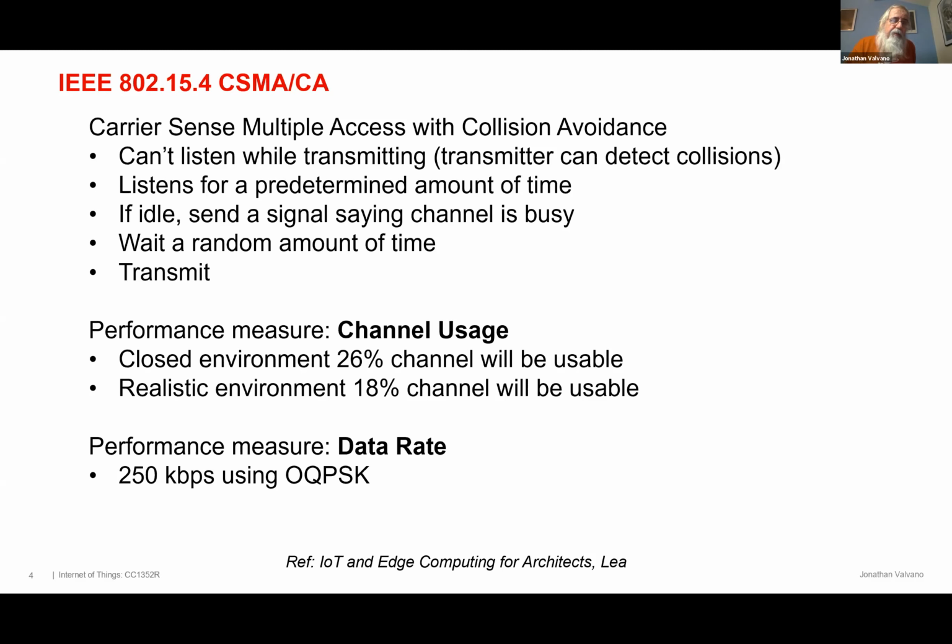These are numbers out of the LEA textbook, that 20% channels will be useful if you can control the environment. The 26% and the 18% are not relevant. The point is, you can't use it all.